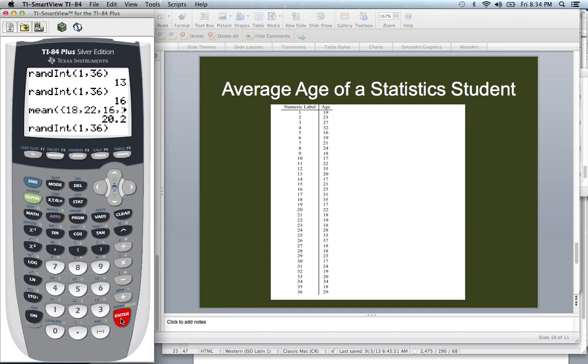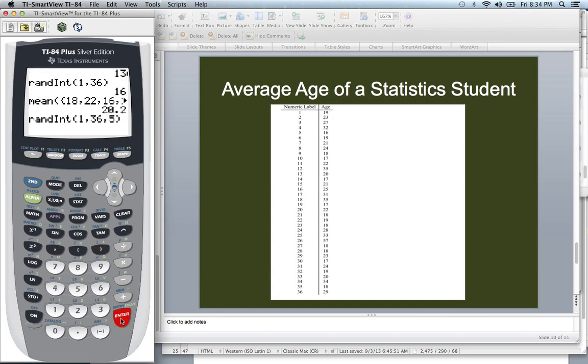I believe you can go 10 deep into what we call the stack of commands on the calculator and re-execute those commands. I can also modify that command. If I add a 5 here at the end and press enter, the calculator will find all 5 random numbers at the same time, which is convenient.